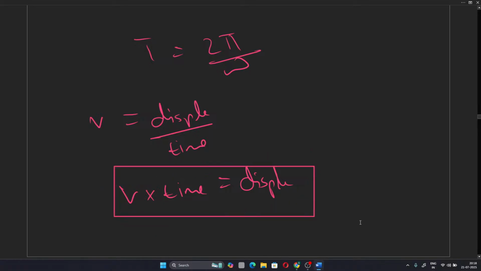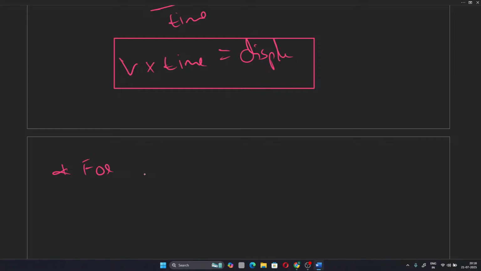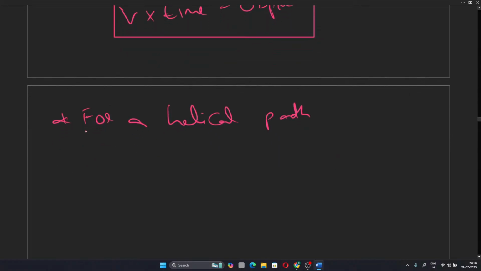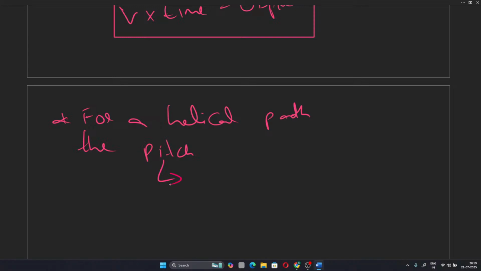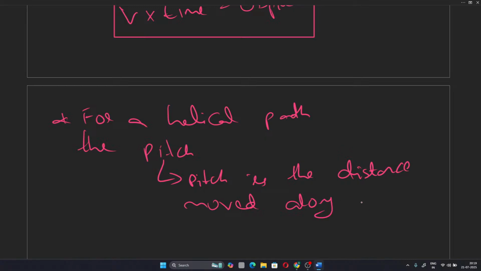Based on these two formulas, we get for a helical path the pitch, meaning the distance moved along the magnetic field.